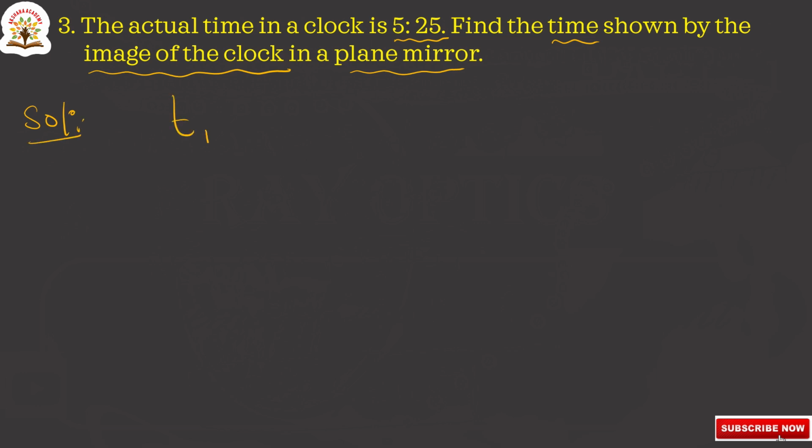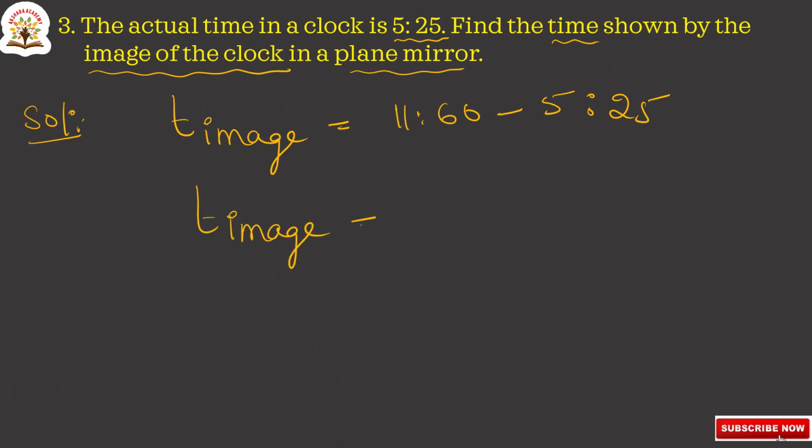T image is equals to 11 hours 60 minutes minus 5 hours 25 minutes. So T image is equals to 6 hours 35 minutes. Okay, this is the final answer. Next we will go to the next question.